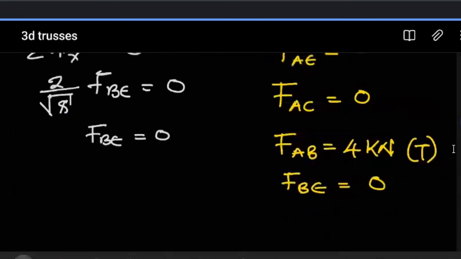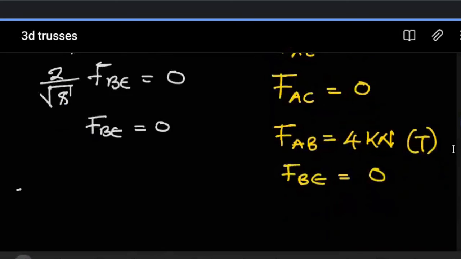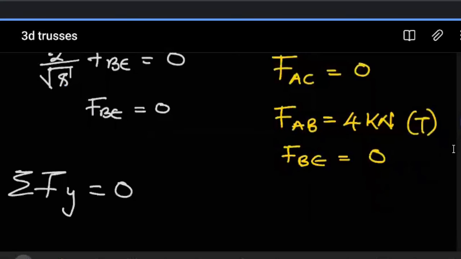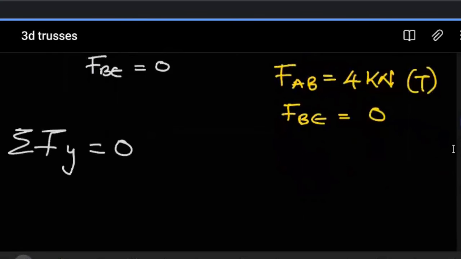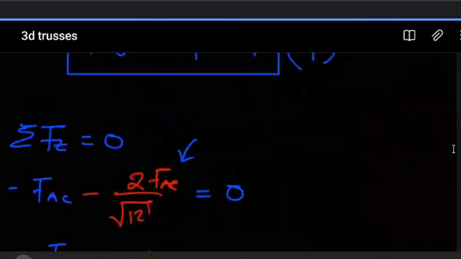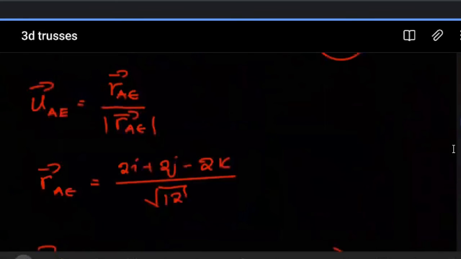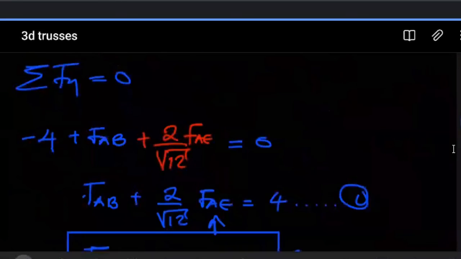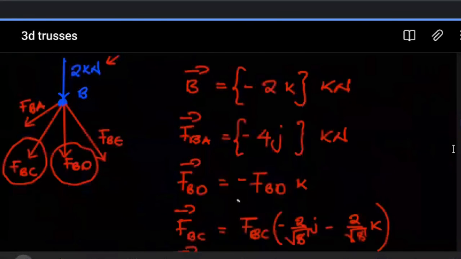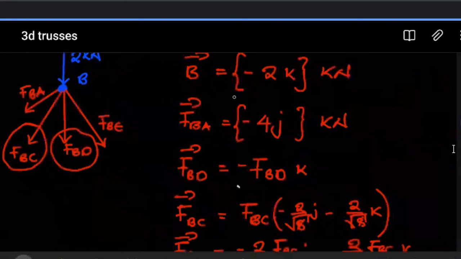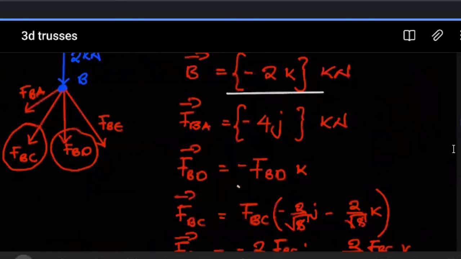Okay, so let's proceed. Now we sum forces in the y-axis and say this is equal to 0. Again, same condition of equilibrium. So let's go back to our forces. Which ones have y components this time? We start with the force B. It doesn't have a y component, so we skip it.